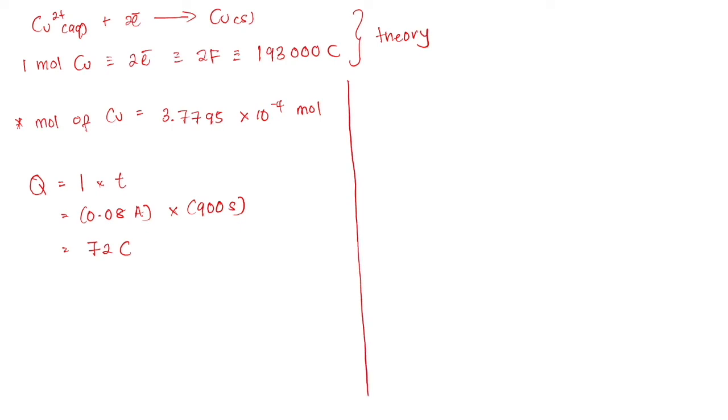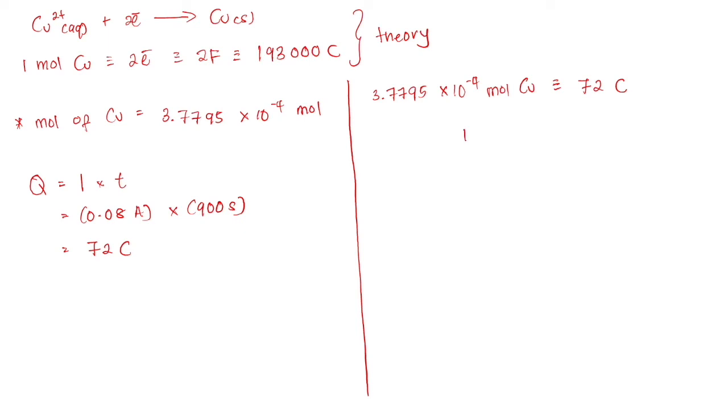Ini bermakna 3.7795 × 10^-4 mol copper dalam eksperimen tadi yang madam buat itu, untuk menghasilkan 3.7795 × 10^-4 mol of copper, 72 coulomb charge elektrik yang terlibat.